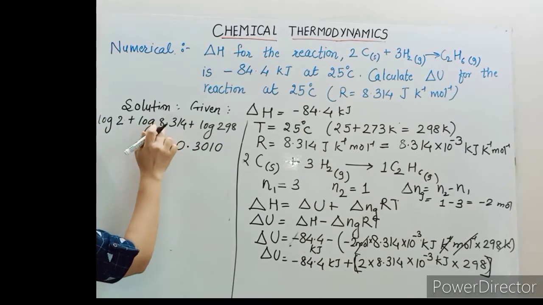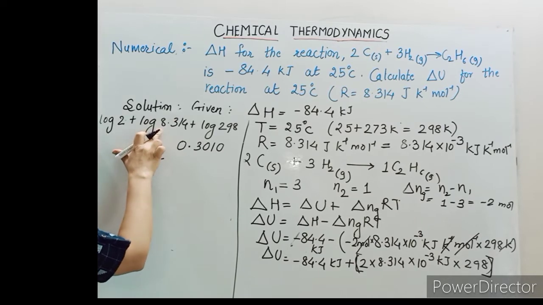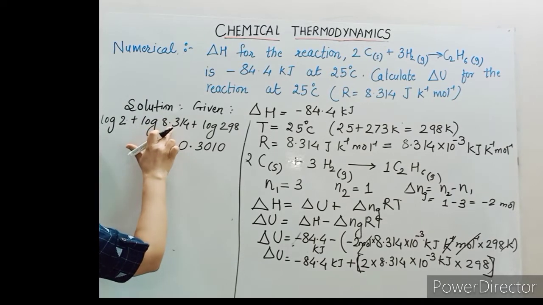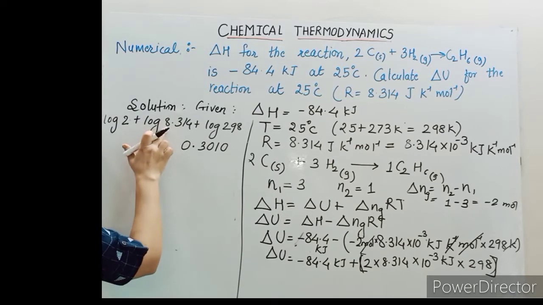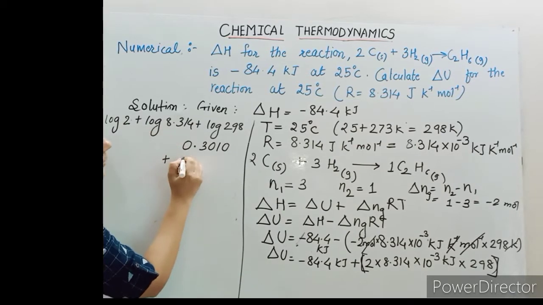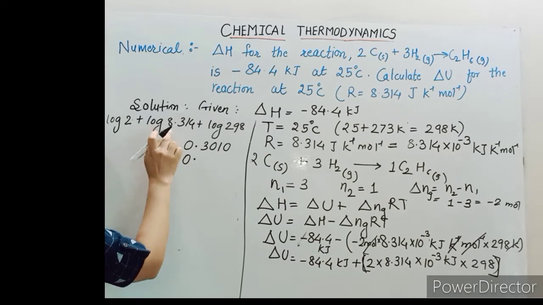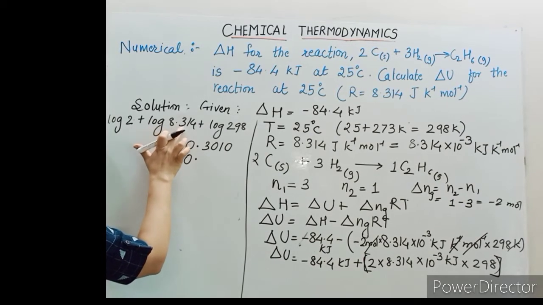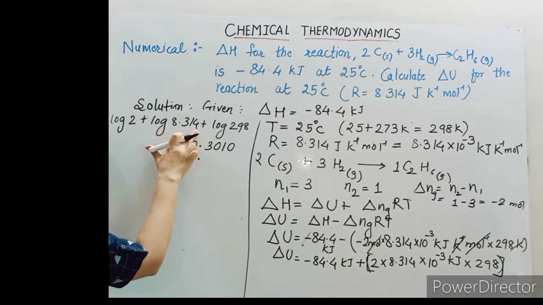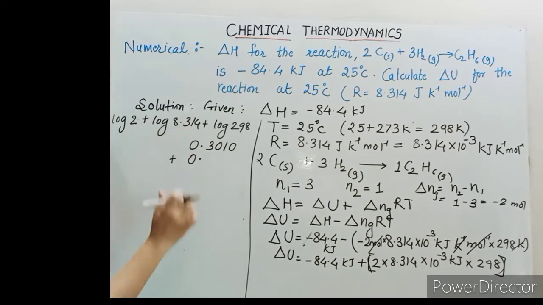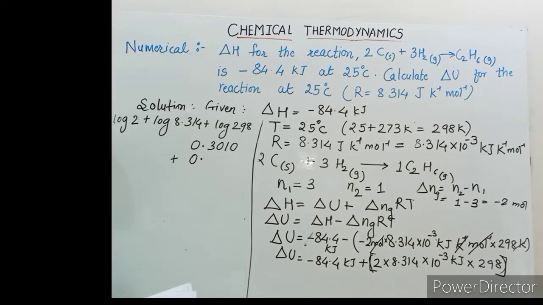Plus log of 8.314: again a single digit and then a decimal, so 1 minus 1 is 0, so 0 point. Now we check the log for 83, seeing the first row and adding the mean difference of the fourth row.